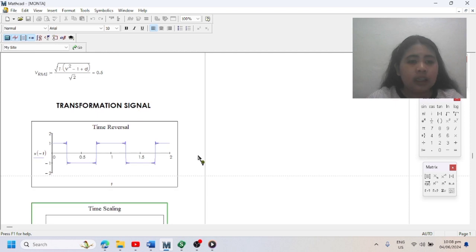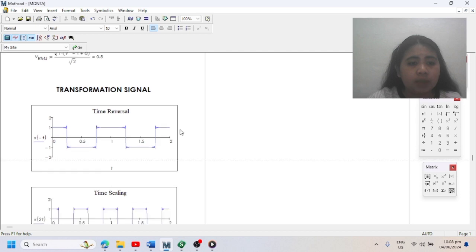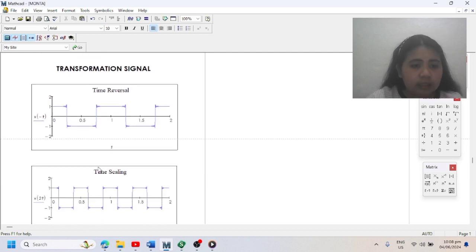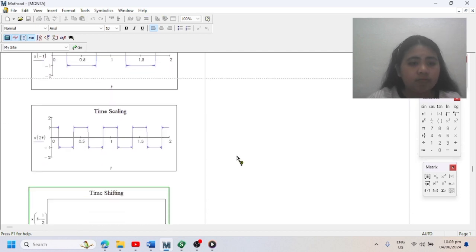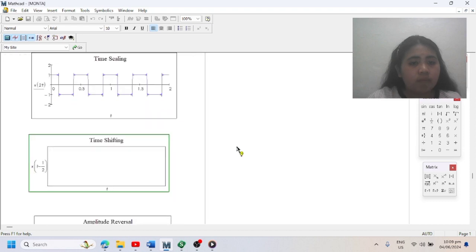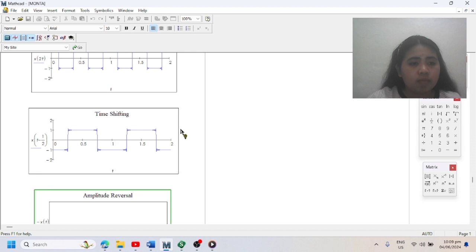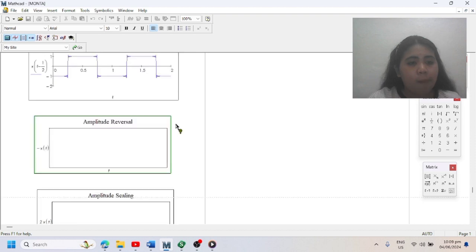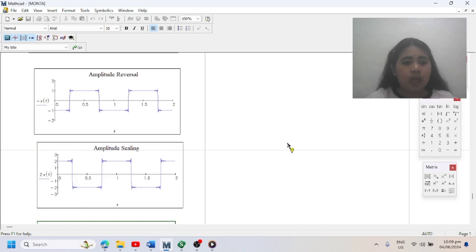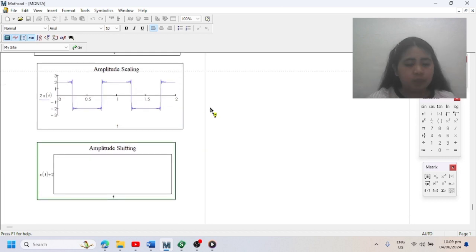It is the transformation signal of the time reversal, the time scaling, the time shifting, the amplitude reversal, amplitude scaling, and amplitude shifting.